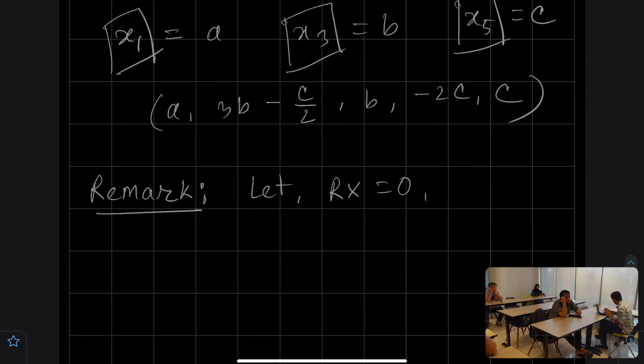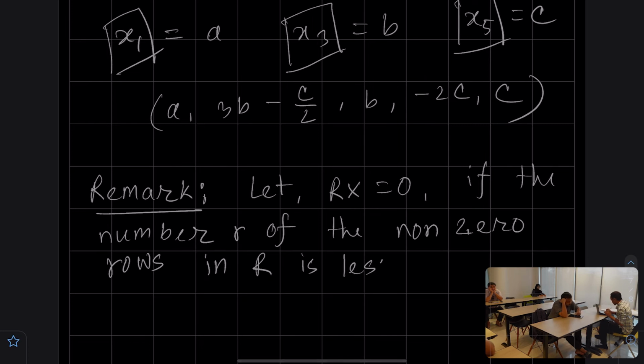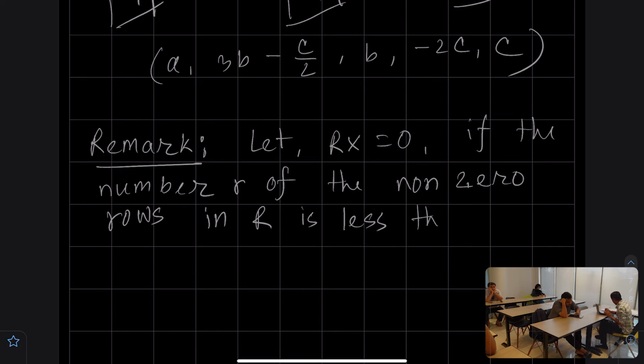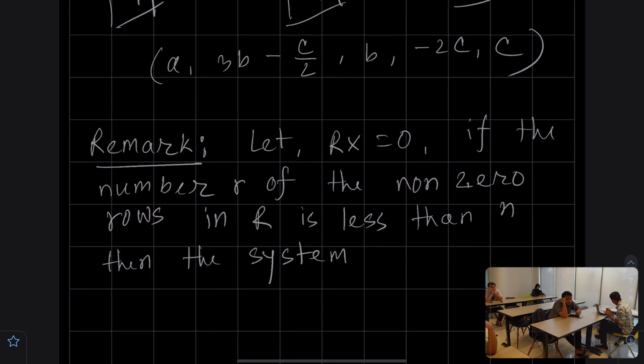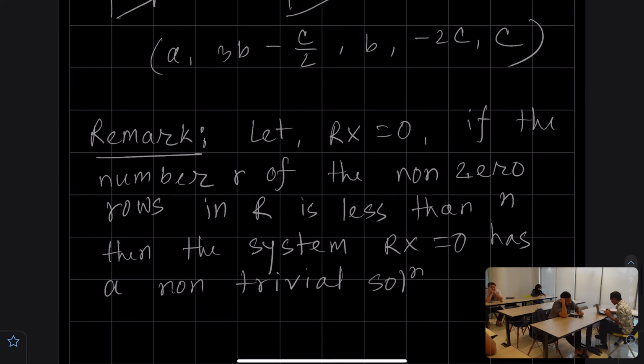And if the number r of non-zero rows in R is less than n, then the system Rx equal to 0 has a non-trivial solution, right?